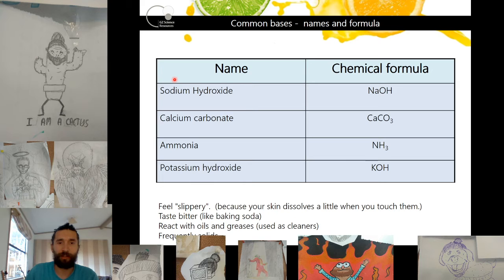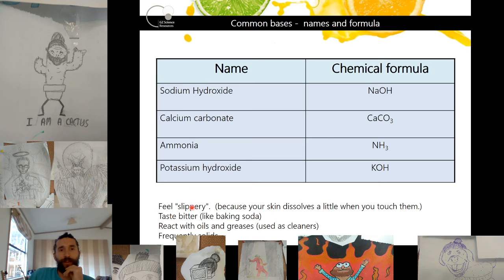Pour it down your drains and it dissolves everything in there. Calcium carbonate, which is basically chalk, that very same chalk you write on the board, or marble. It's a solid rock. That's a base. Ammonia, the stuff you smell in floor cleaner, and potassium hydroxide, which is a type of fertilizer as well.